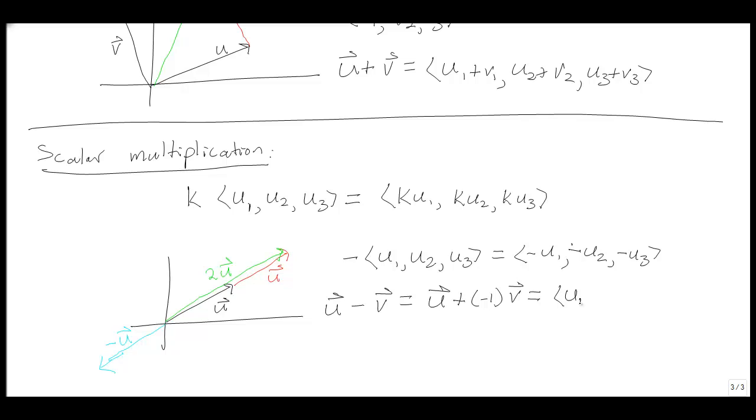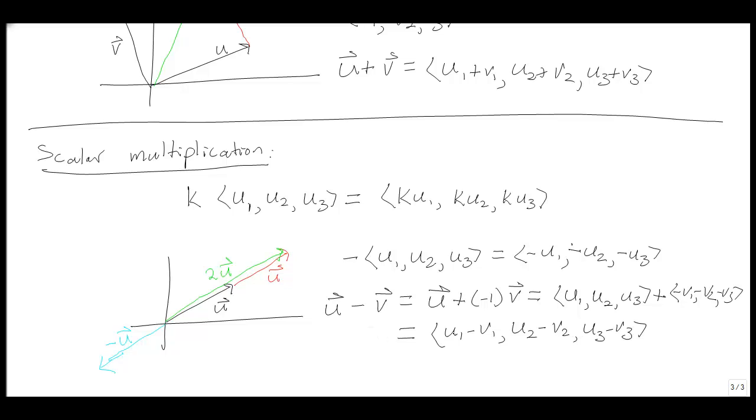So we're going to do u1, u2, u3, plus, if I distribute the -1 to a vector v1, v2, v3, I'll get negative v1, negative v2, negative v3, and when I'm done, my u minus v turns out to be u1 minus v1, u2 minus v2, and u3 minus v3.